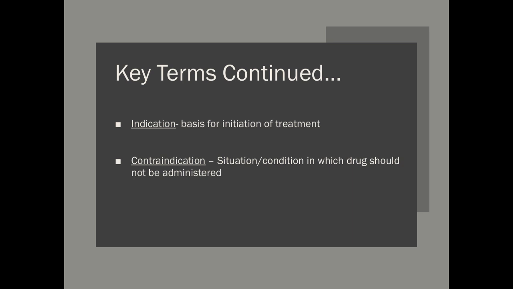So I have an indication for giving Benadryl, but a contraindication might be that my patient is allergic to Benadryl. So even though it's indicated, given my patient's symptoms and presentation, my patient is allergic to this medication, so I probably shouldn't be giving it.